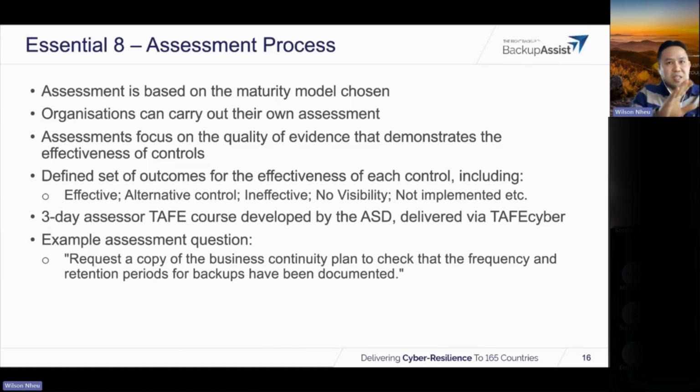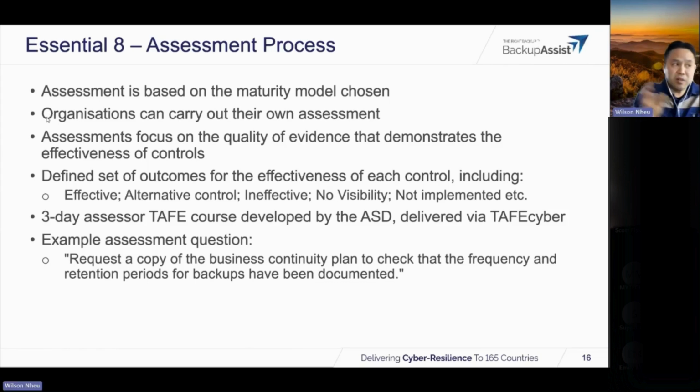And I think 2 additional ones apply to levels 2 and 3, and then 3 apply to level 3 only. So you set your assessment based on the level that you've chosen.